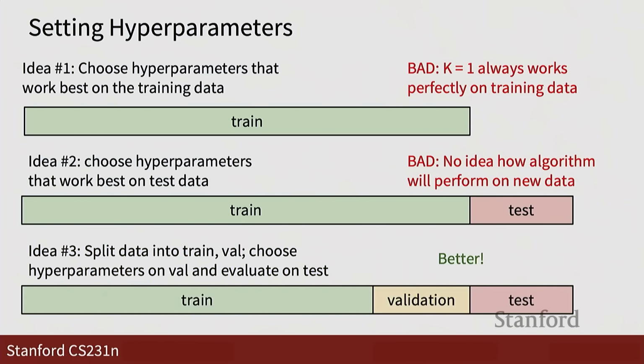And a better idea is to always take some part of the training data as a validation set and train your model on the train portion of the new split, and then try to find or optimize your hyperparameters on the validation set.